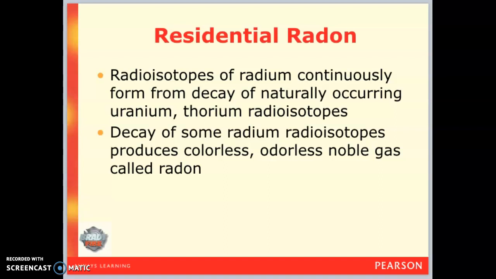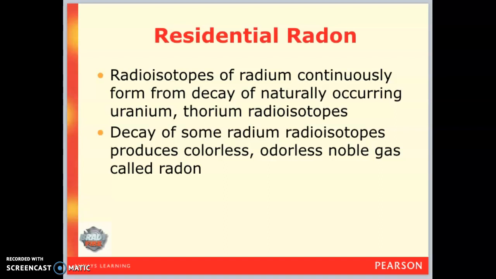And the reason why we can't help it is because radon is a derivative of the decay of radium. And radium is found naturally in a bunch of different rocks underneath the surface of the earth. And what happens is that those radium atoms will decay, and as they decay, they produce this colorless, odorless gas that we know as radon.